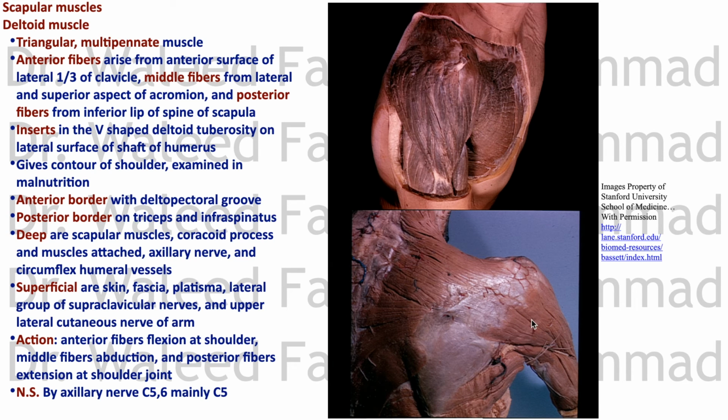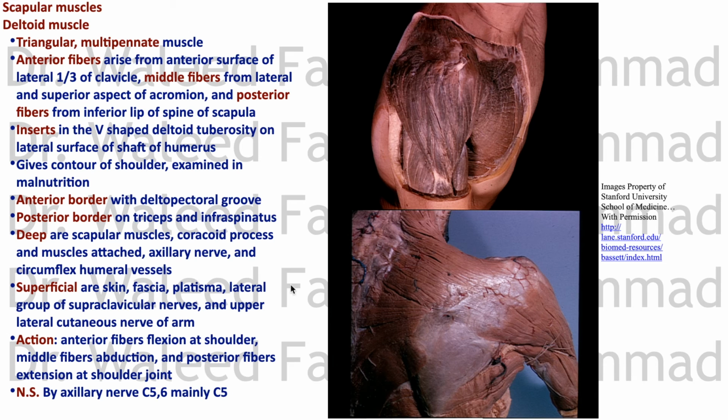Superficial are skin, fascia, platysma, lateral group of supraclavicular nerves, and upper lateral cutaneous nerve of the arm. See? This cutaneous nerve, upper lateral cutaneous nerve of the arm.